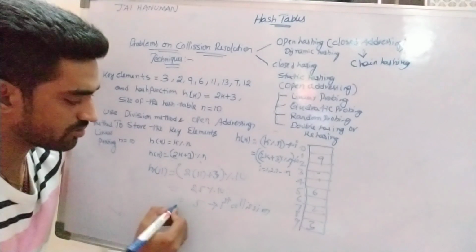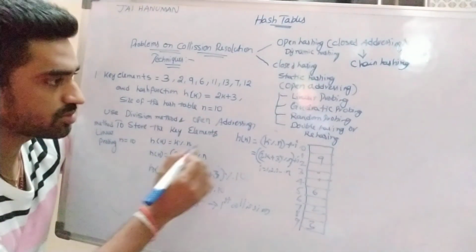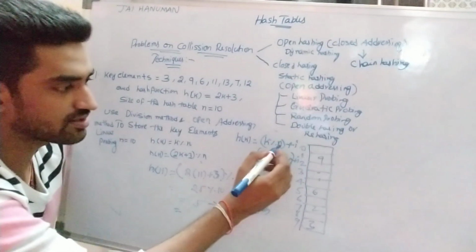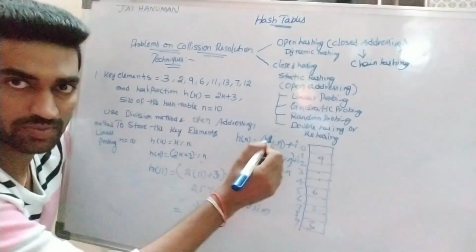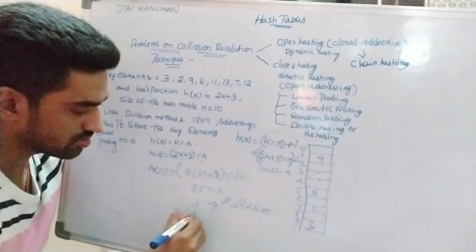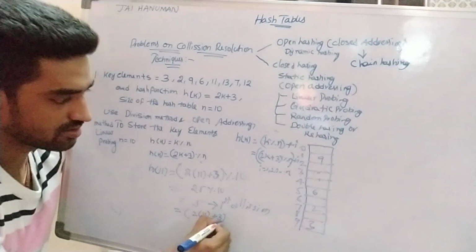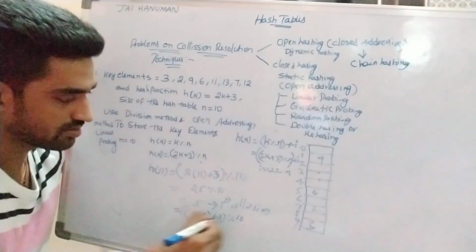What is the formula for open addressing linear probing? The general formula is k modulo division of n plus i, but k is already given as 2k plus 3, so 2k plus 3 modulo division of n plus i. So 2 into 11 plus 3 modulo division of n, 10, plus i.